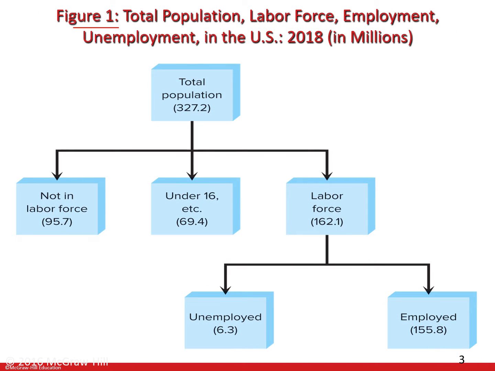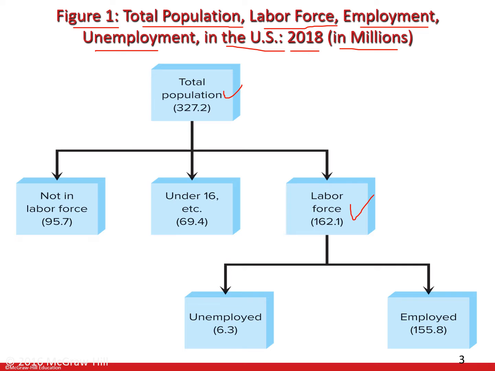Table 1 talks about the total population, the labor force, employment, and unemployment in the US in 2018. The numbers are in millions. Of the total population of 327.2 million in the US in 2018, 162.1 million were in the labor force.